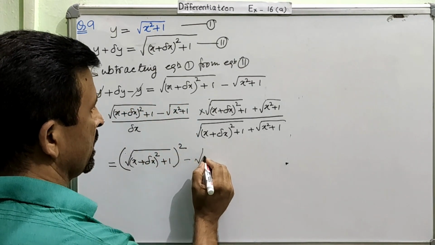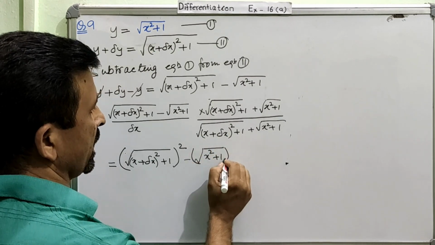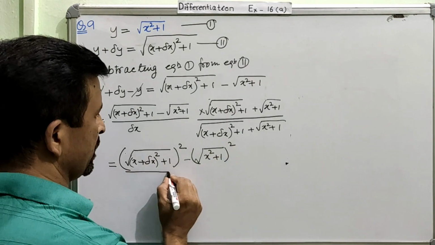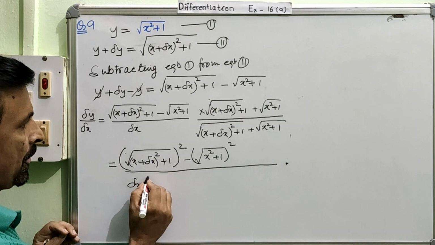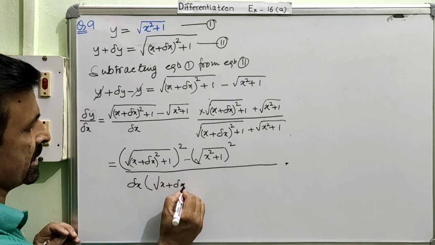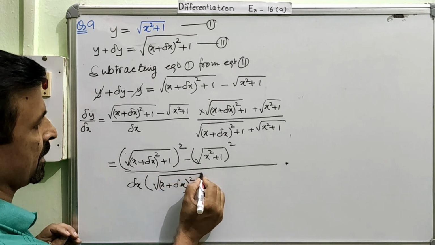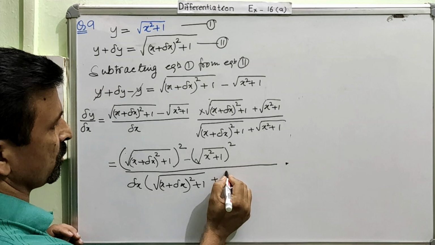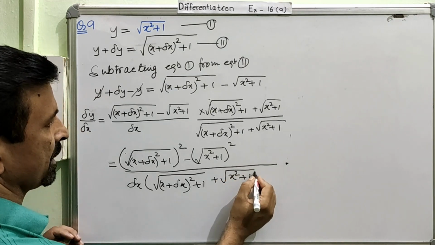So this is now x plus delta x whole square plus 1, minus x square plus 1. The denominator we will just write as it is, delta x into root over x plus delta x whole square plus 1 plus root over x square plus 1.